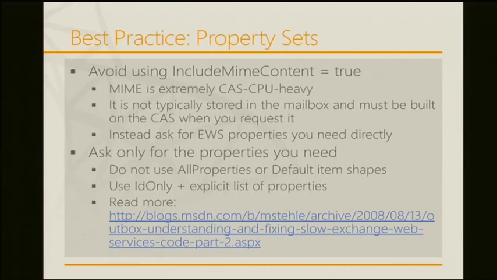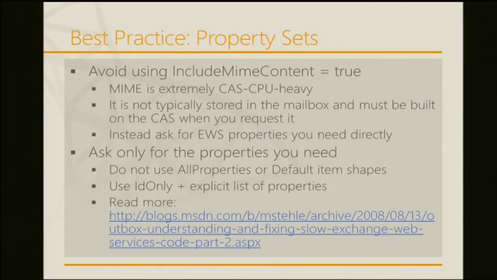So property sets, let's go deeper into that. I showed you include MIME content, and now I'm telling you not to do it. The basic flag here tells Exchange to, for any given item, take all the properties that are stored in the Exchange database in the mailbox server for that item, and then create on the fly a MIME representation of that item and send it back to you in a stream.